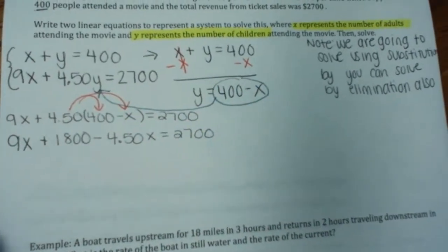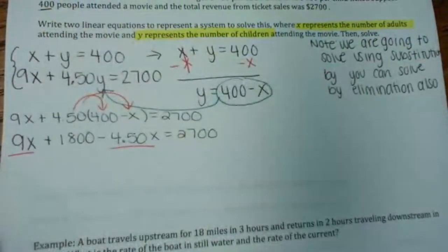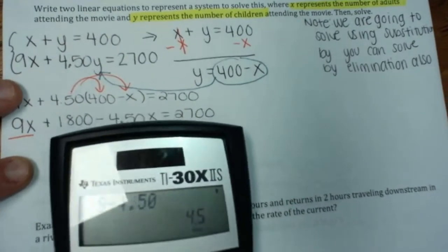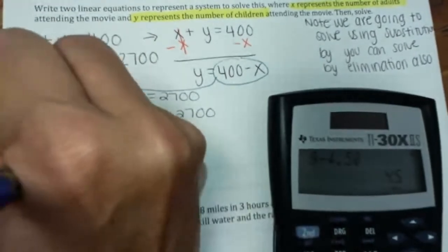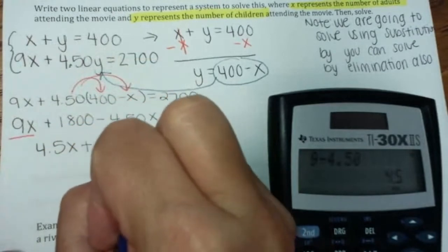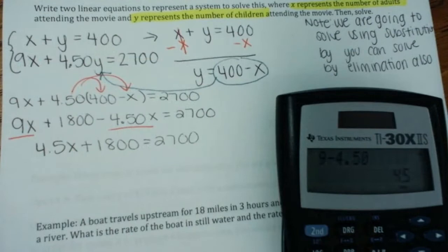Getting closer. Let's combine some like terms. 9x minus 4.5x gives us 4.5x, so 4.5x plus this 1800 will equal that 2,700.